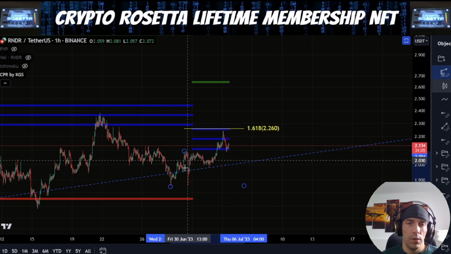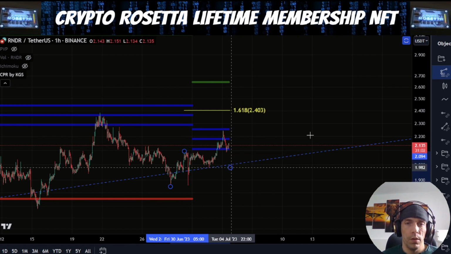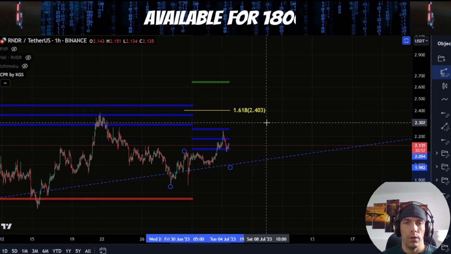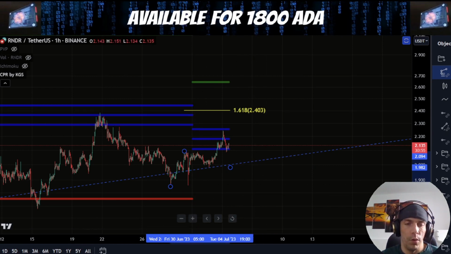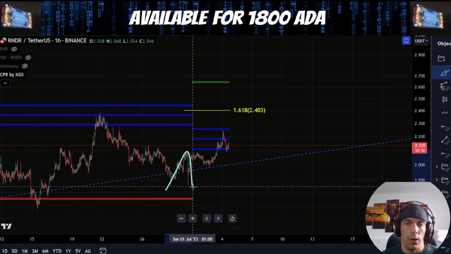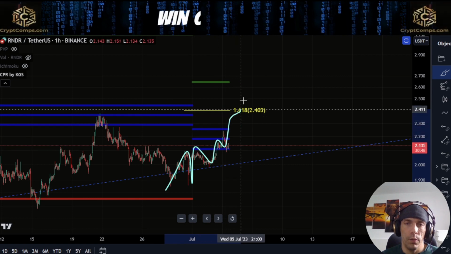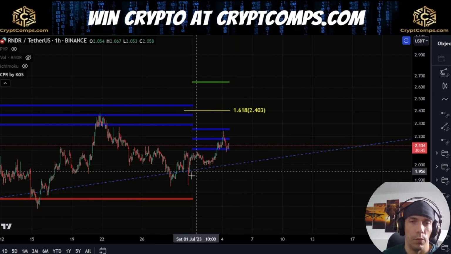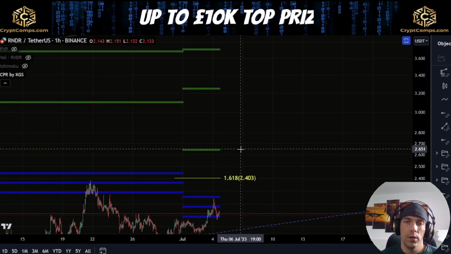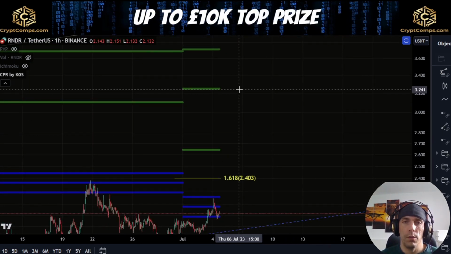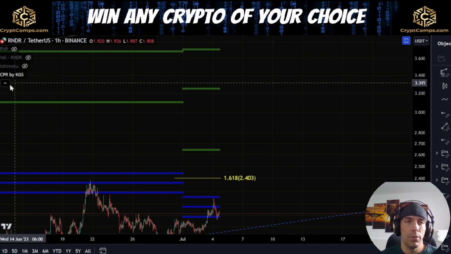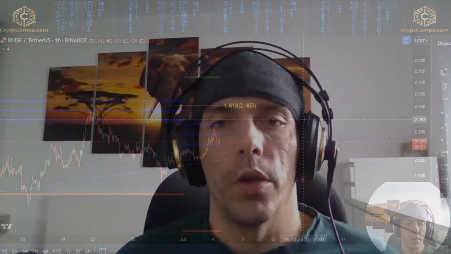But even then, because of the way the current structure is, I'd probably only be more confident once we start to break this high here and get back above this $2.40 as a potential third wave target, where then you can start to argue that within this count, this is a 1, 2, 1, 2, 3, 4, 5, and so on and so forth to the upside, in which case some of these higher targets could then come into play. So the higher targets are this S1 at this $2.64, we have this $3.25, and this $3.71 as potential upside targets for this month. Okay, so I'm going to leave the video there.